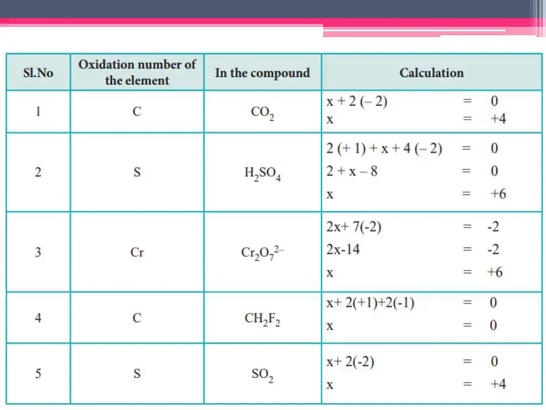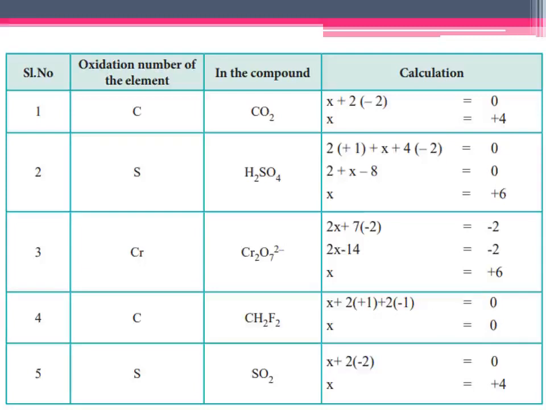So, in Cr2O7 the power is 2 minus, so you write it equal to minus 2. Now, go to the calculations: 2x minus 14. So 7 into minus 2, you are writing 2x minus 14. Now we calculate x equal to plus 6.